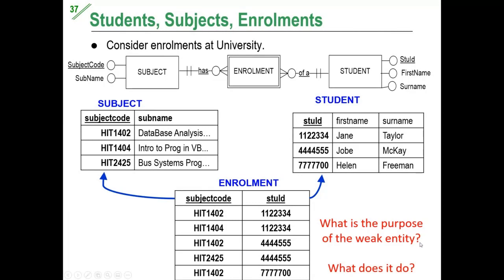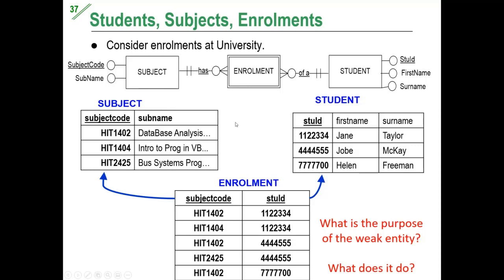So what is the purpose of the weak entity enrollment? The purpose is to allocate students to different subjects. That is the main purpose, that is what it does. So in this case also, what is the primary key for the enrollment entity? Again, the primary key is determined by borrowed identifiers from either side.